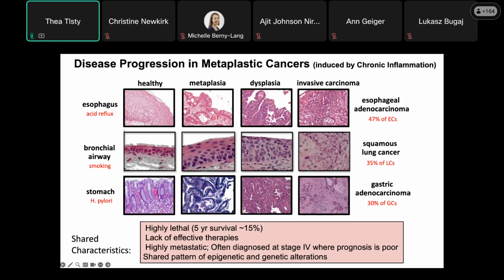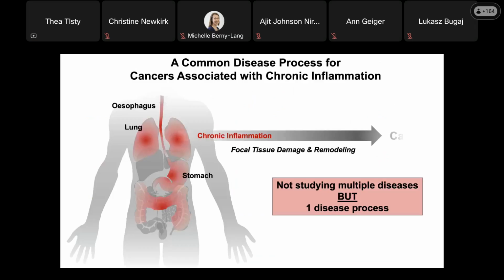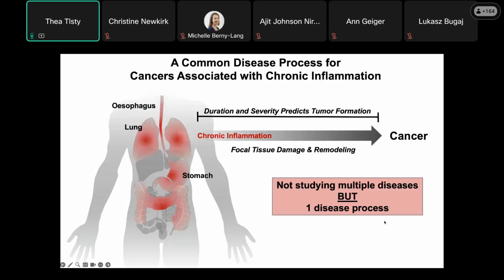And if you look early enough, they actually share a pattern of genetic and epigenetic alterations. This led us to believe that we're not studying multiple types of cancers, but one disease process. And that if we unlocked the secrets to one, we would unlock the secrets to the others. And that actually turned out to be true, as I'm going to show you.